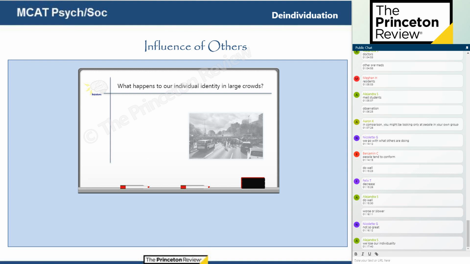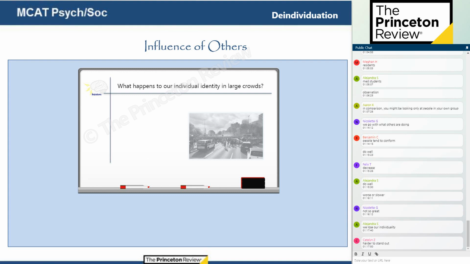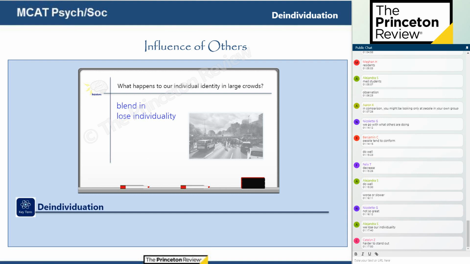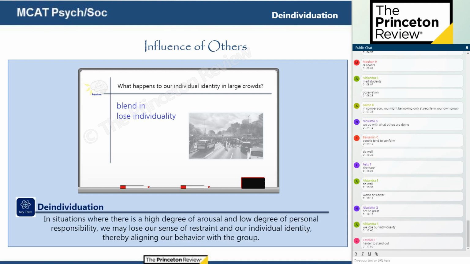We blend in, lose our individuality. Right. Becomes harder to stand out. This is what's known as de-individuation, the de-individuation effect.